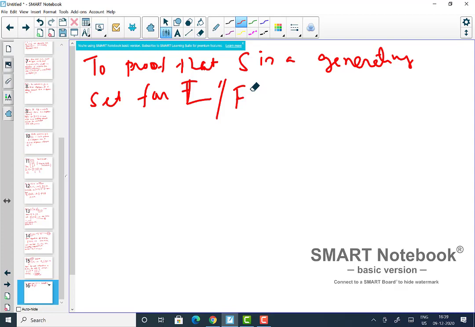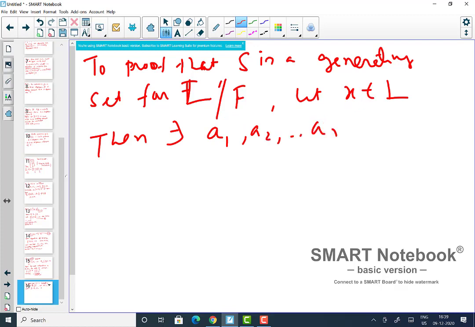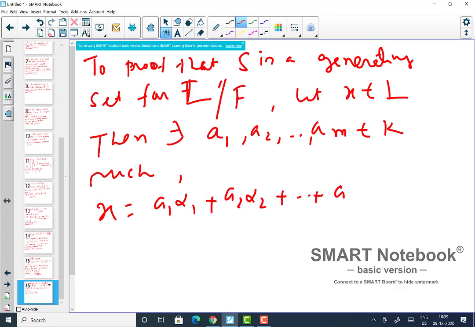You just consider some element x belonging to L. Then there exist some a1, a2, am belonging to k, because you know that alpha 1, alpha 2, alpha m is the basis, such that x can be written as a1 alpha 1 plus a2 alpha 2 and so on up to am alpha m, right?